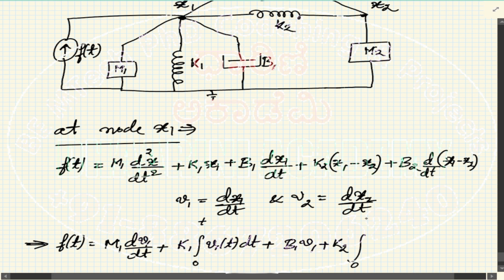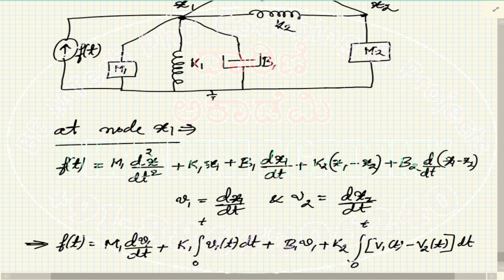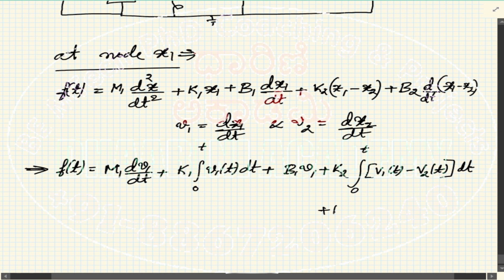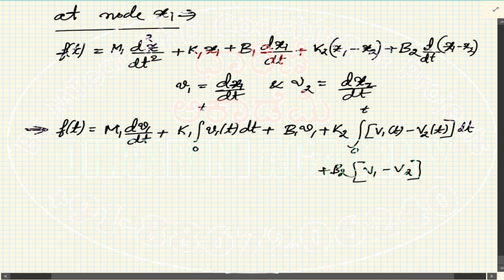So integration 0 to t of v1 of t minus v2 of t dt, and the last term plus b2 into the differentiation, which is nothing but v1 minus v2. So this is the equation. Now you can convert this equation directly into the force voltage.